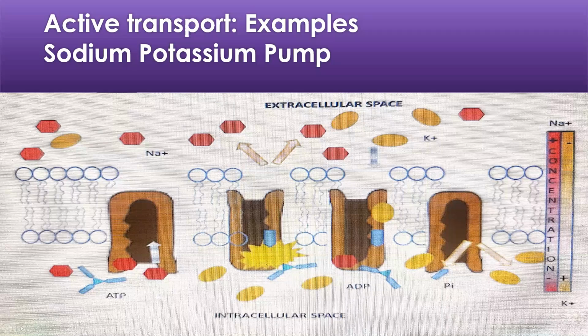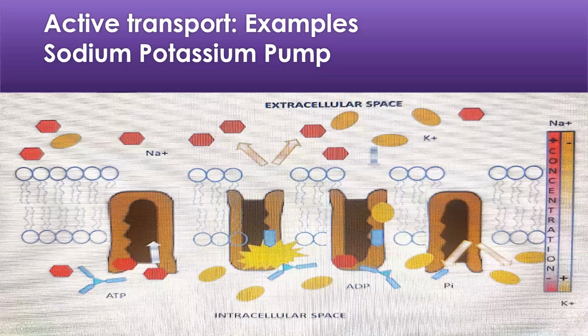Many inorganic ions, amino acids and carbohydrates are actively transported across the membrane. The best example for studying active transport is the sodium potassium pump.